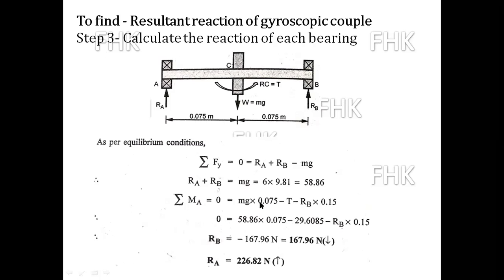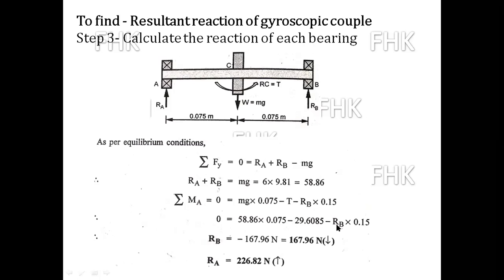So simplifying this equation, 0 into mg, which is 58.86 that we have already found out, into the perpendicular distance, minus the torque. What is that torque? It is I omega omega p, I into omega p, whose magnitude we have already found out: 29.6085. So 29.6085 minus Rb, which we have to find out, the reaction at B, into the perpendicular distance.